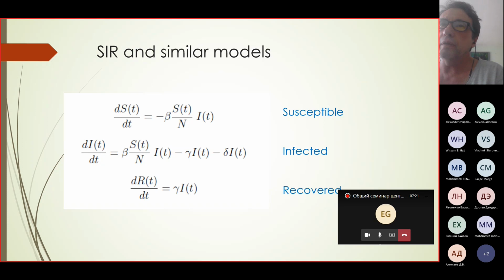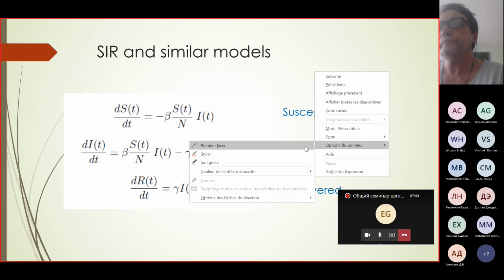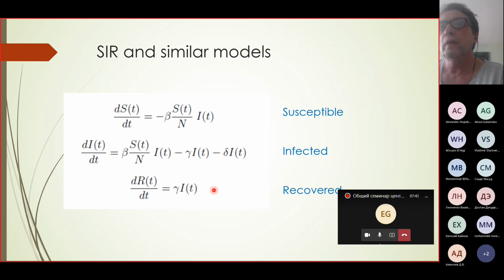It's 3 ordinary differential equations for the number of susceptible individuals, denoted by S, for the number of infected individuals, I, and for recovered, R.